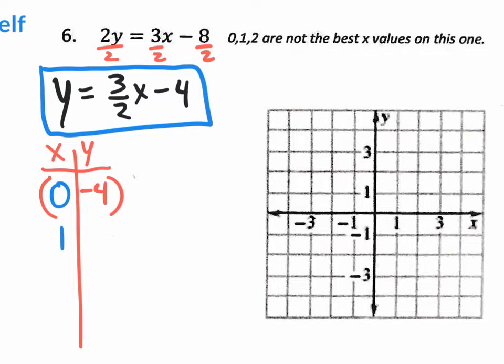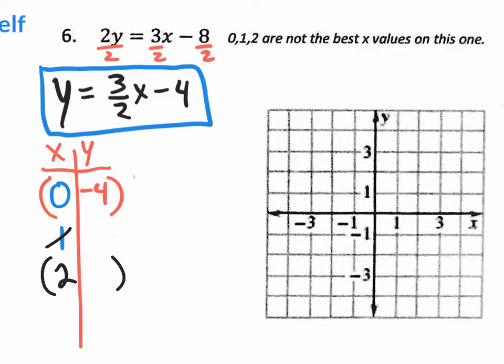But instead of 1, it would be really nice to plug in a number that would make this fraction disappear. 2, the denominator, right? So whenever you have a fraction in front of your x, why not input the denominator itself? So let's not plug in 1, let's actually plug in the denominator 2.